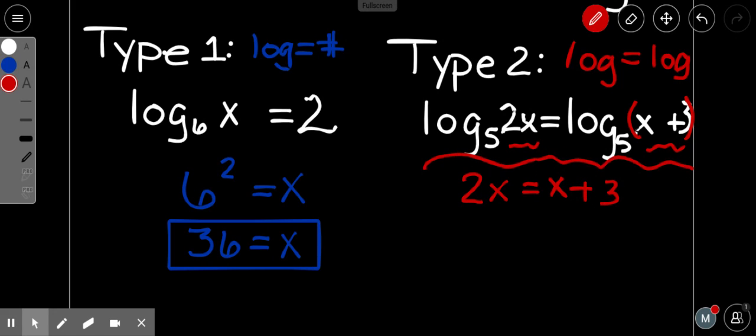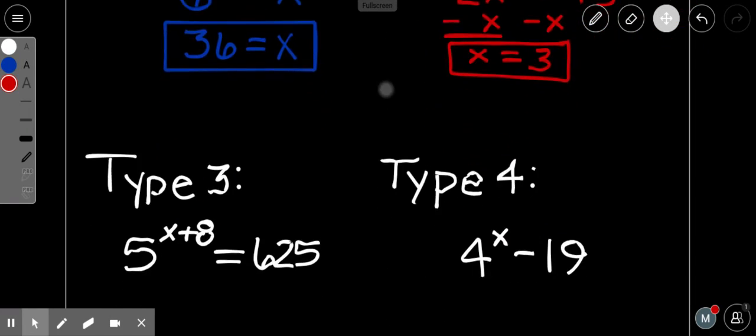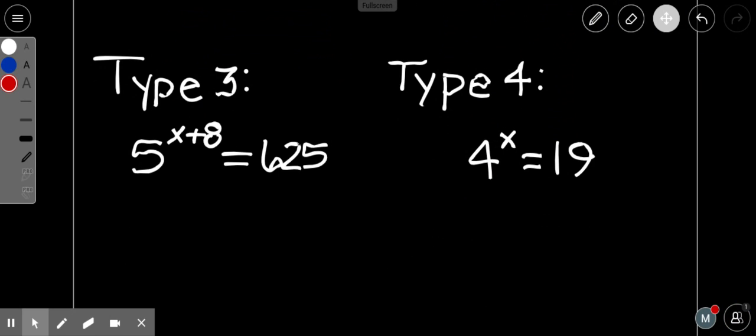And now that we've done that, we just subtract our x and solve as we would regularly. Now, remember that if it's an x squared, you do have to set it equal to 0 and factor it.